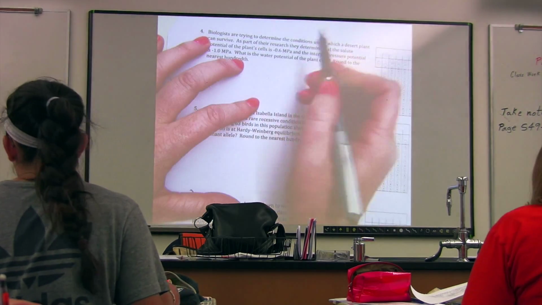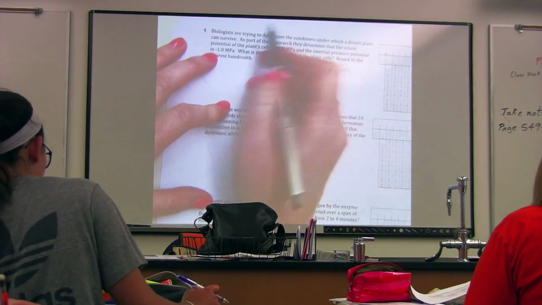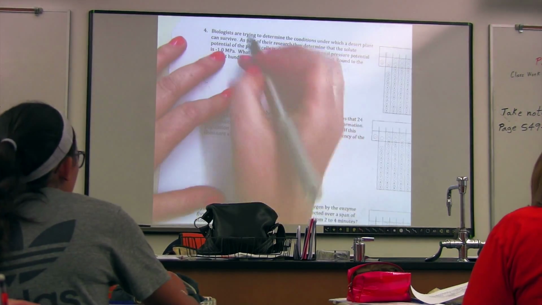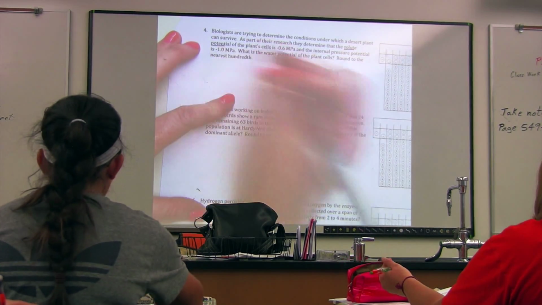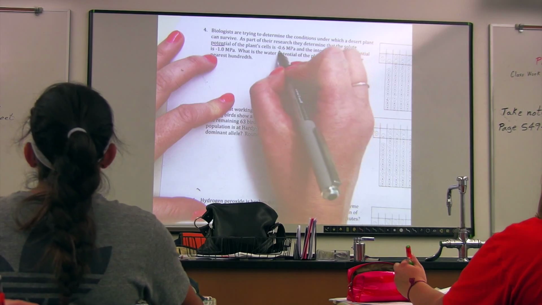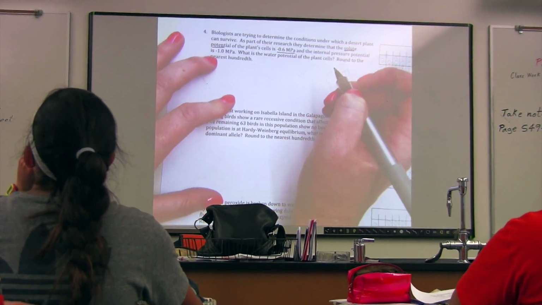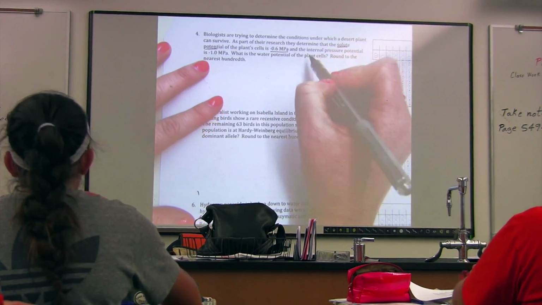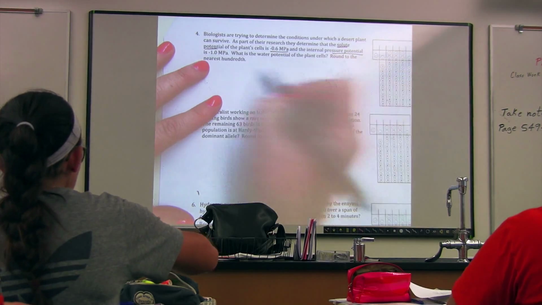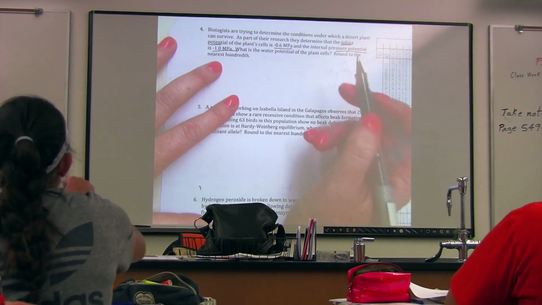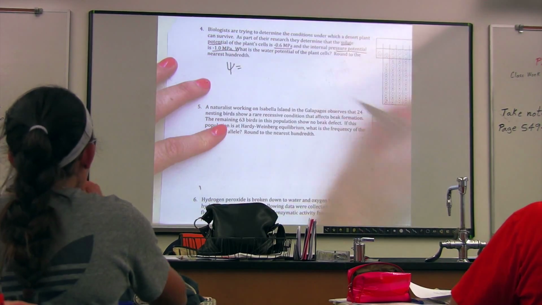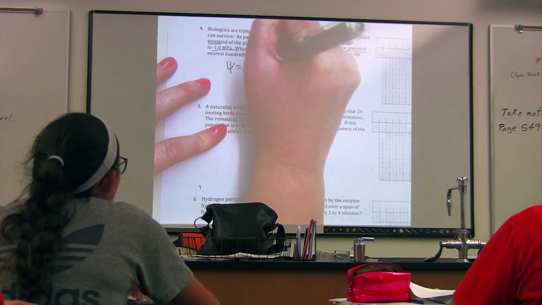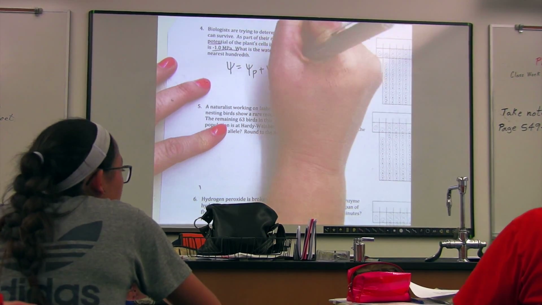Biologists are trying to determine the conditions under which a desert plant can survive. Pointless information, I don't care about any of that. As part of the research, they determined that the solute potential of the plant cells is negative 0.6 megapascals, and the internal pressure potential is negative 1 megapascals. What's my equation? Water potential equals pressure potential plus solute potential.